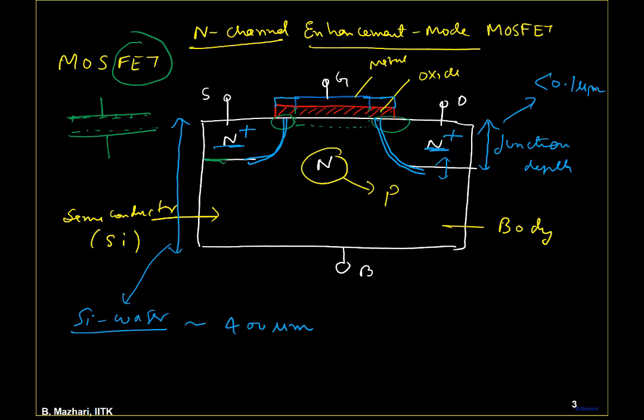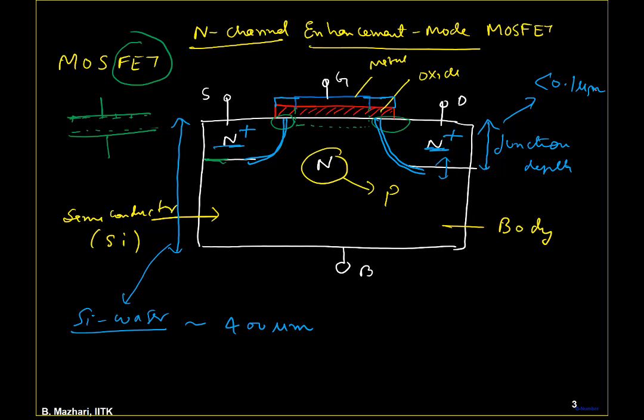So it gives an impression as if the MOSFET forms a significant fraction of my wafer. The MOSFET just exists at the top. You can calculate how small a percentage of the wafer that is. The wafer is 400 micron thick, and the MOSFET is just at the top surface.